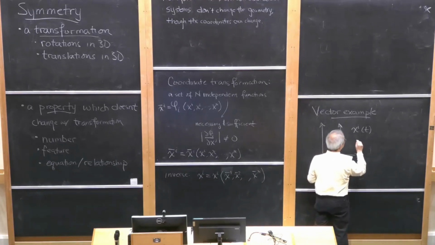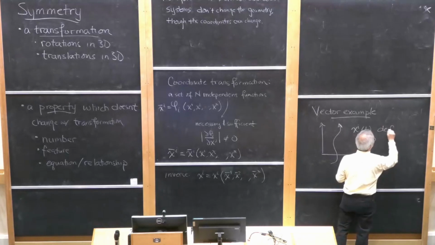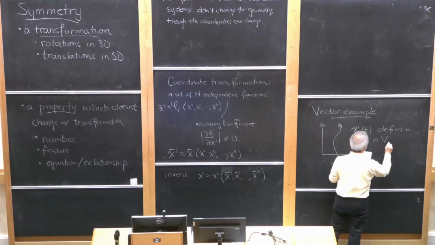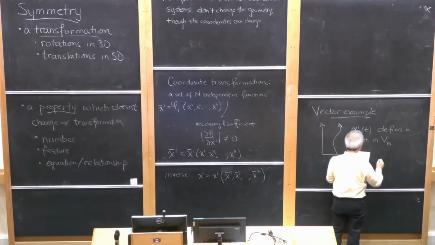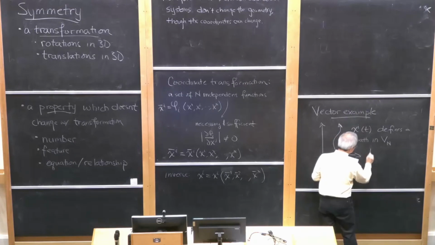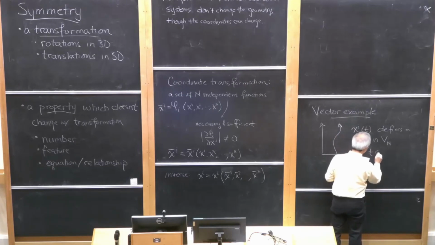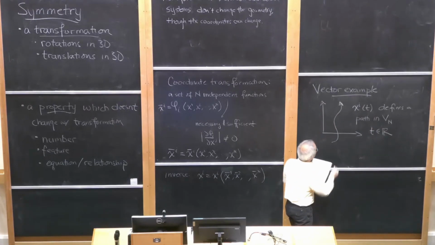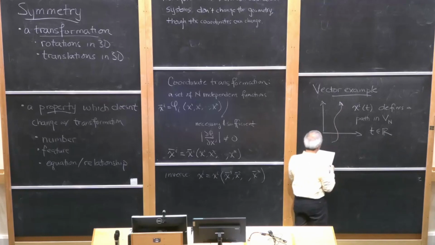So this defines a path in the n-dimensional vector space, okay? And t is a real parameter, what we call an affine parameter. So this defines this path along this curve.